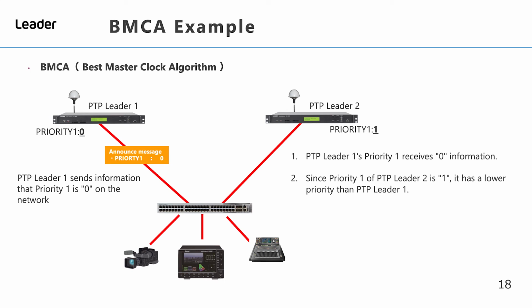Since priority 1 of PTP leader 2 is set to 1, it therefore has a lower priority than PTP leader 1, resulting in the leader function of this PTP generator being set to standby.